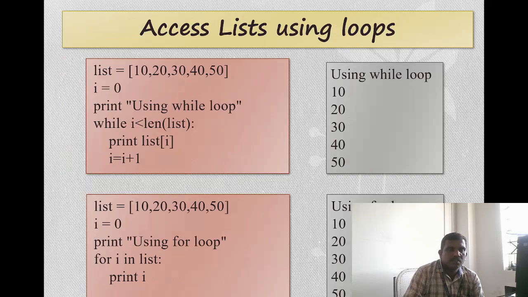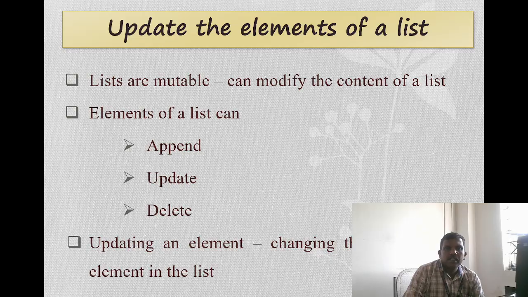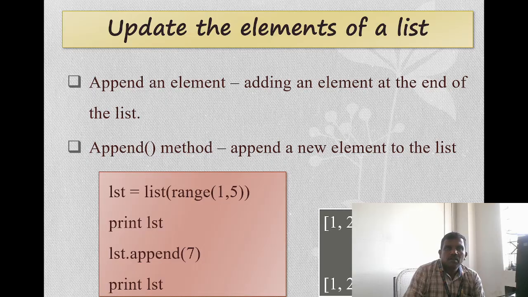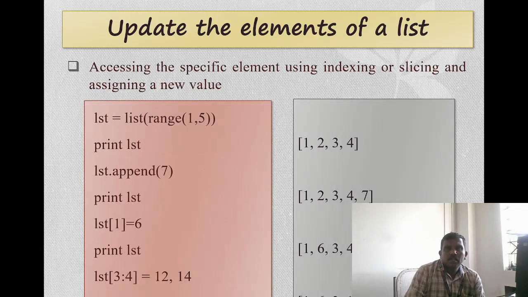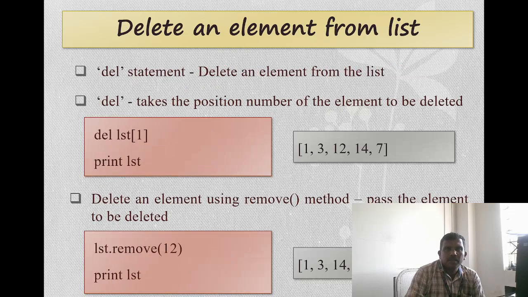Using looping functions, we can access elements, and then append, update, and delete. A list is a mutable one, so we can modify any values in the elements. Updating, changing the values will be useful. Append adds an element at the end of the list, and values can also be updated. You can also use delete to remove elements in the list.